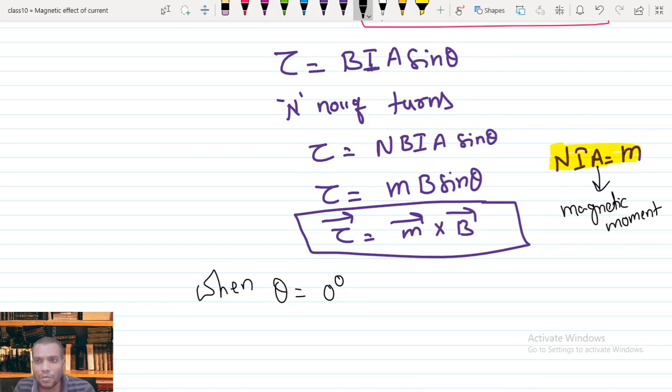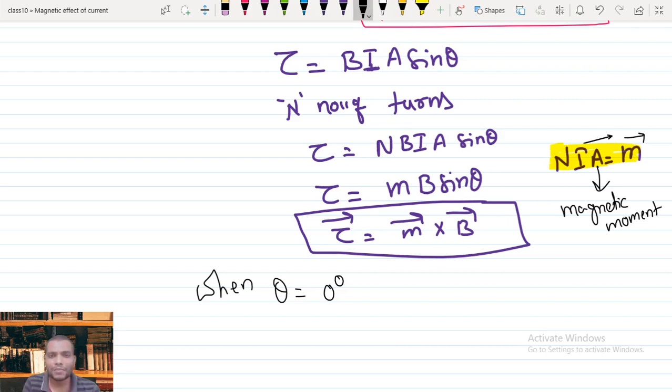Since the magnetic moment formula is m equals n i A, here n is the number of turns, a constant, and I is not a vector. So here the only vector component is the area. So the area vector is equal to the magnetic moment vector. If you punch a vector in your right hand palm, this is the magnetic moment vector.